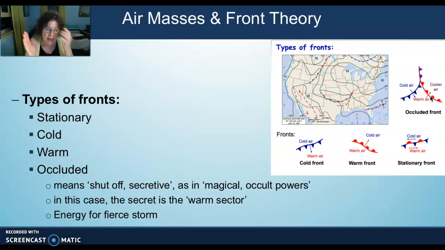In this case, the secret is what happens to the warm air. It's called the warm sector, and it is the energy, the convective energy for a fierce storm. So we're talking now about cyclones being formed from occluded fronts.